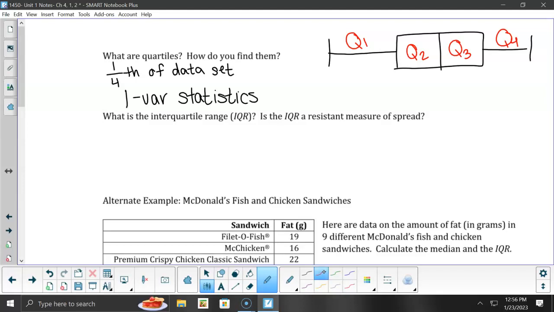Now, interquartile range, IQR. I taught this in 6th and 7th grade.